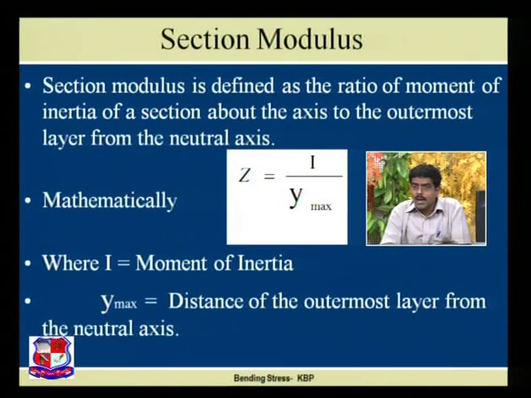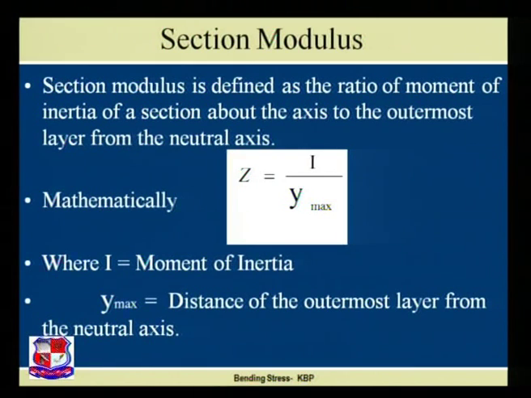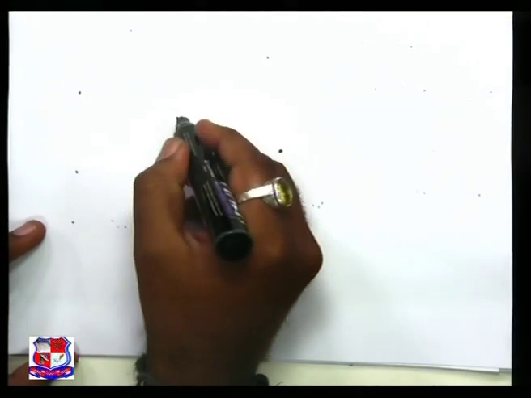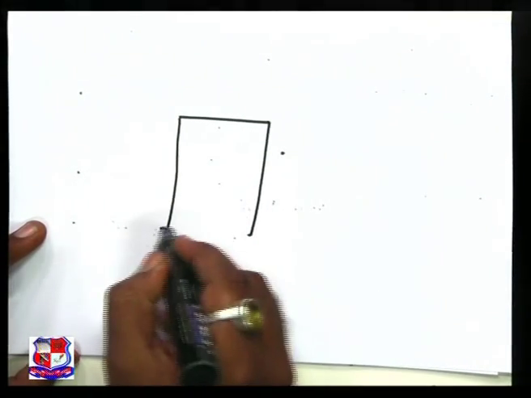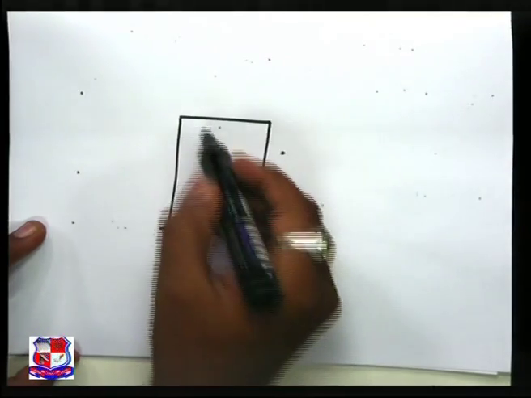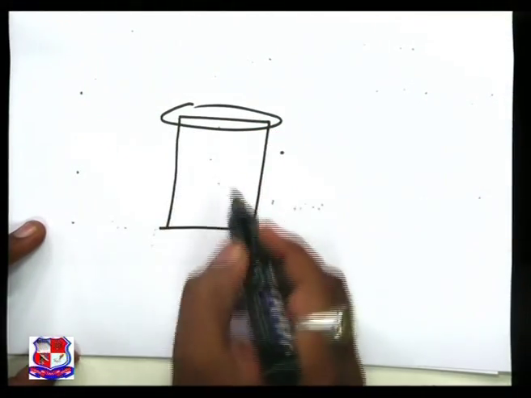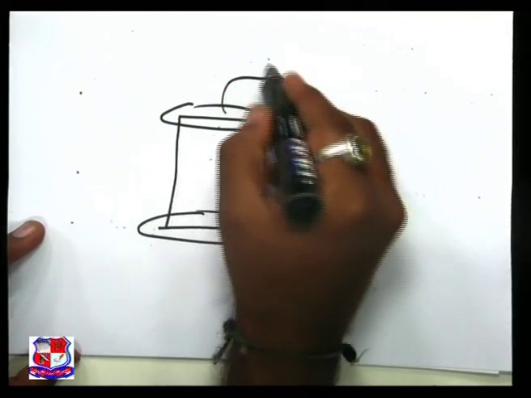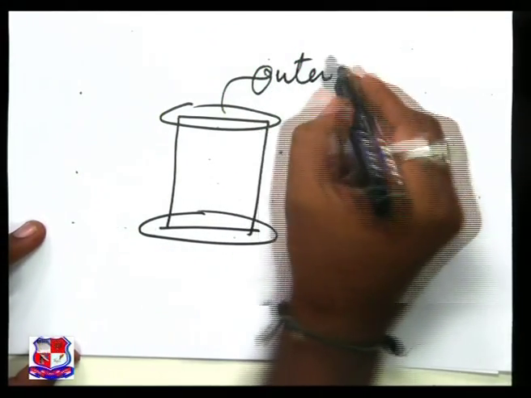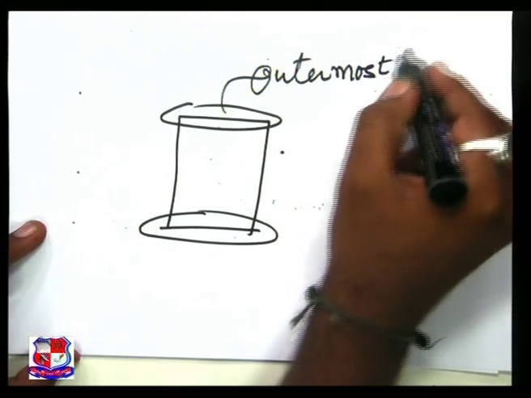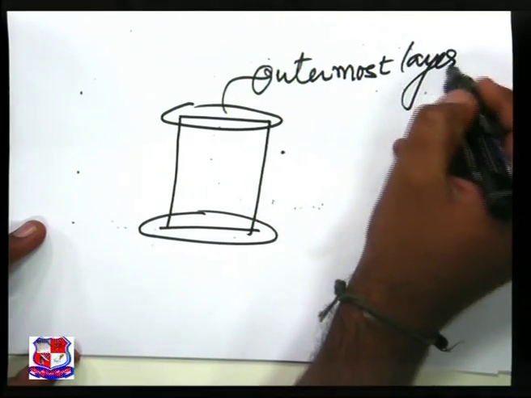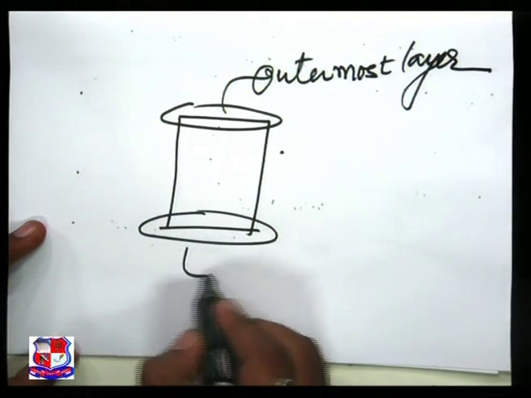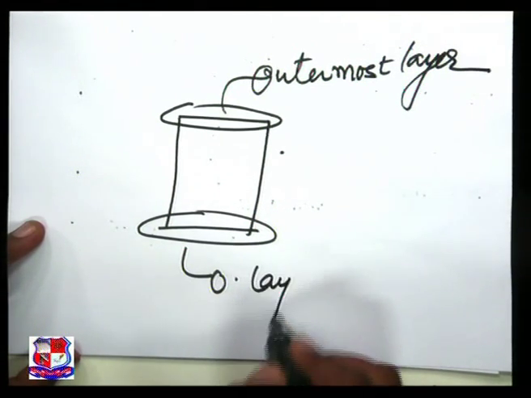Let us understand this Y max, what it means. Please come to the table top. If we are taking one rectangular section, then this is known as the outermost layer. This is also the outermost layer.